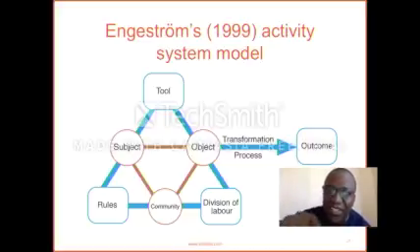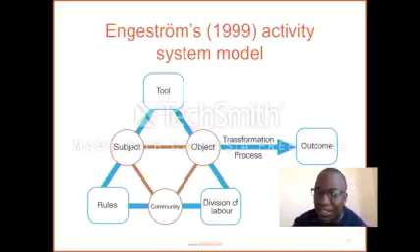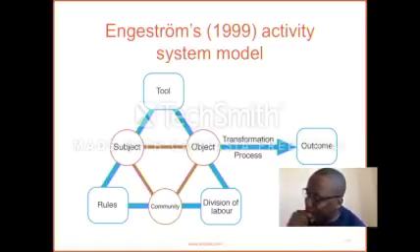When you're analyzing this activity systems model, you look at the top triangle first, where a subject, who is an individual or group of individuals, is engaged in some kind of activity. The activity is undertaken by the subject using a tool to achieve an object or objective, and thus transforming into some kind of outcome.